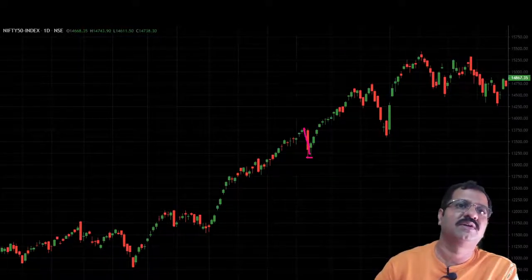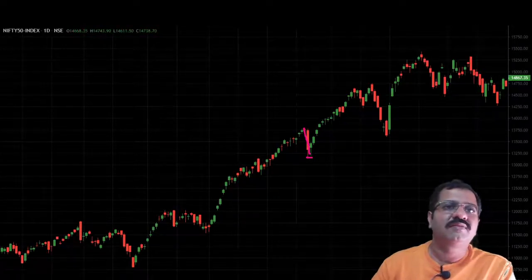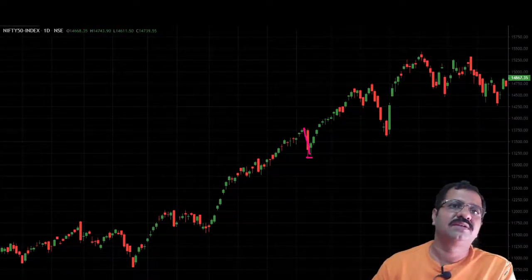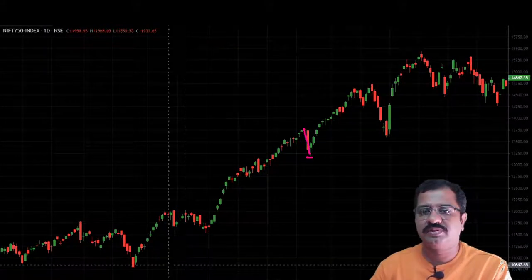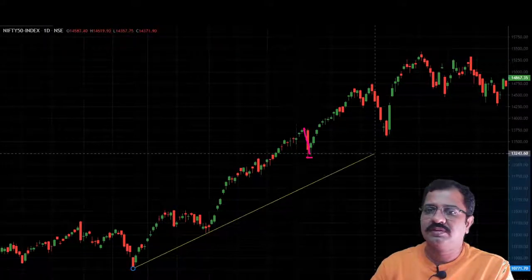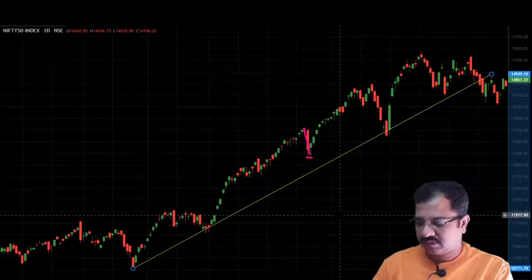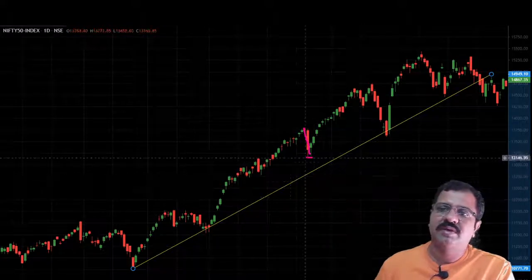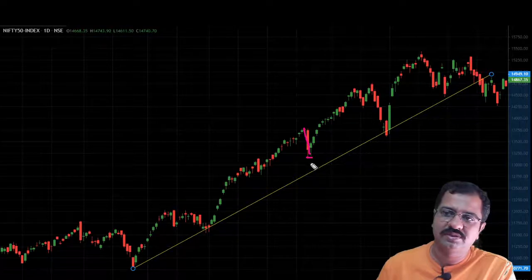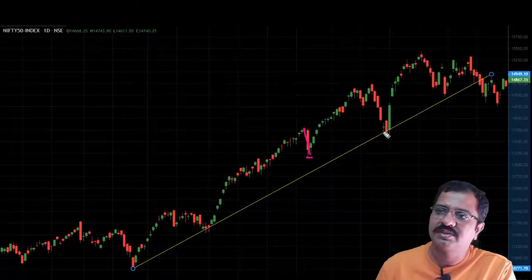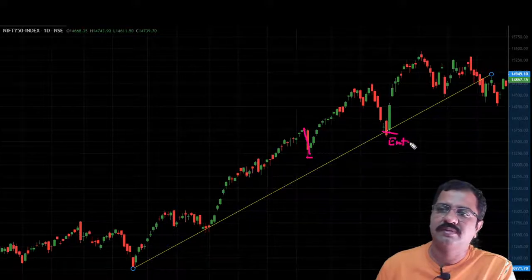Let me draw a trend line for you. When price comes to the trend line, you can enter the trade. So suppose this is the trend line I am drawing. Here the price did not actually touch the trend line, but here when the price touches the trend line, you enter the trade. So this is your entry, right?